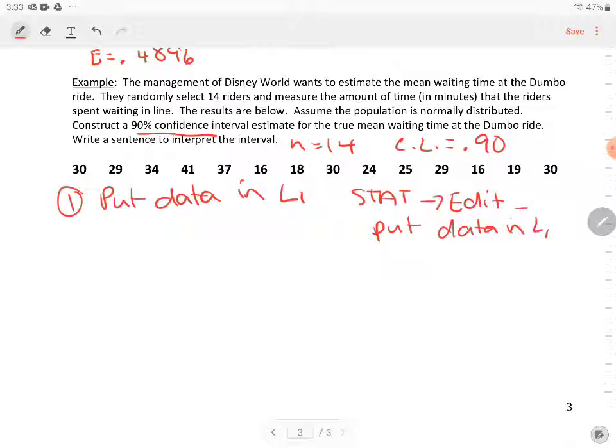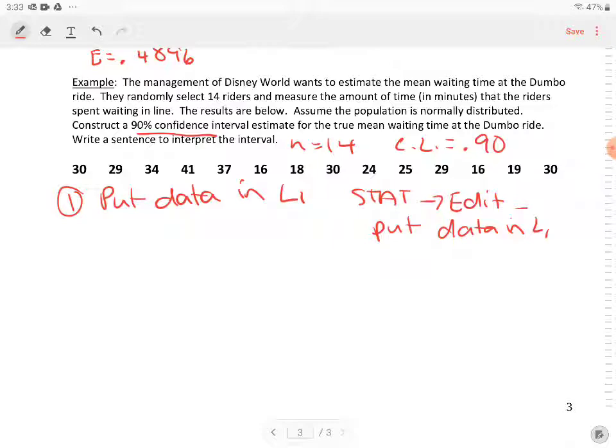So stat, hit enter for data. Now I have some in L3 and L2. I was working ahead, so I can clear those out. And we will put those numbers in. 30, 29, 34, 41, 37, 16, 18, 30, 24, 25, 29, 16, 19, and 30. And so I have 14 in there. And it said they selected 14 riders, so I'm good.